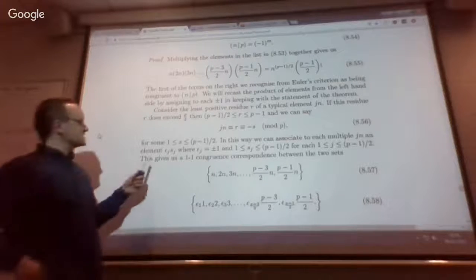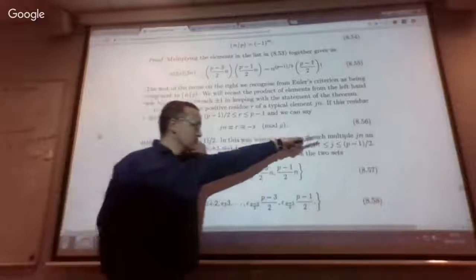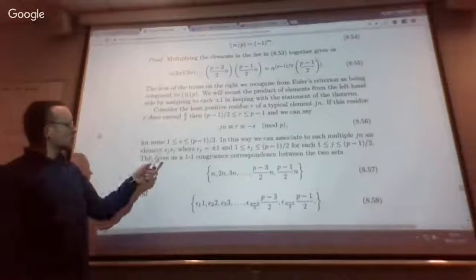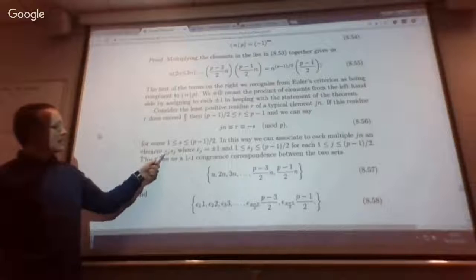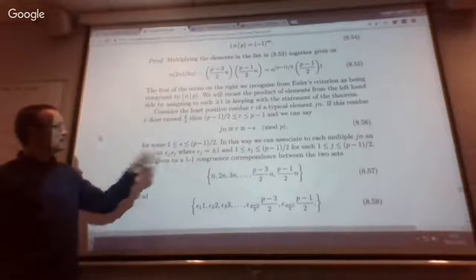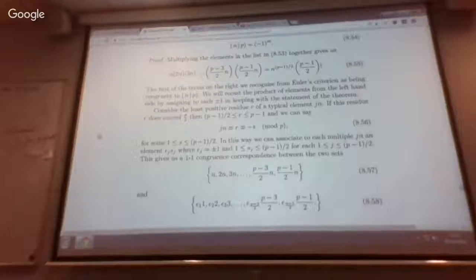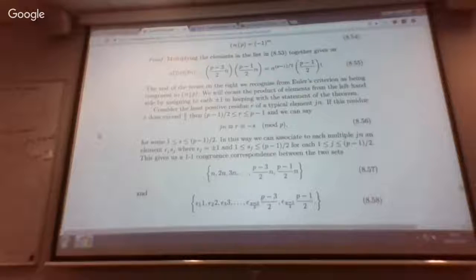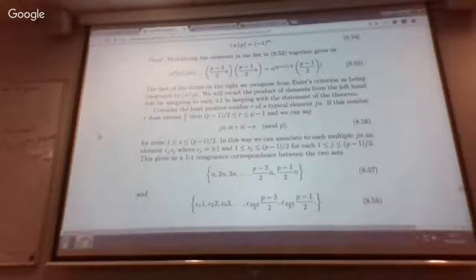So that allows us to say that each multiple jn is congruent to epsilon j, which is a plus or a minus sign, times sj. Where sj, s subscript j, is the s associated to this j, where the sj always comes from the first half, okay?